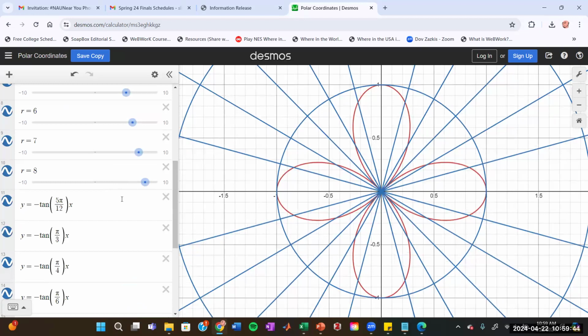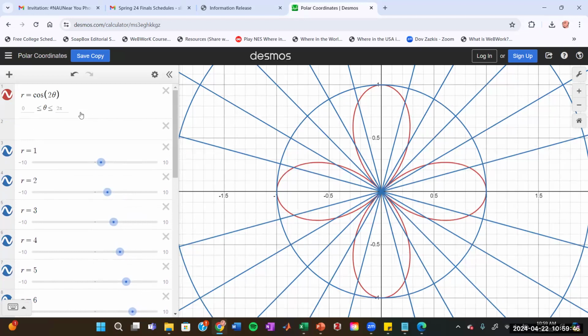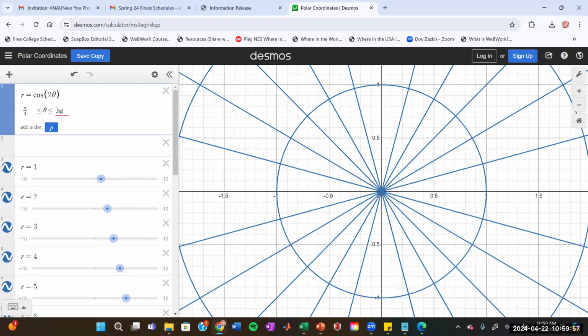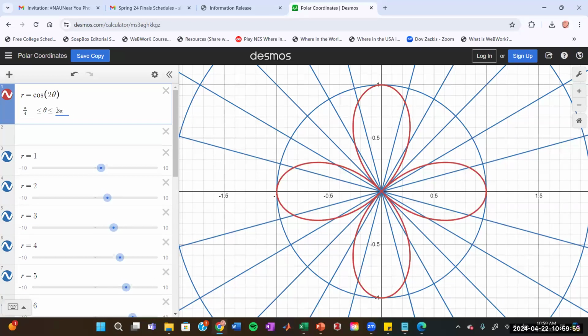So do I know this well enough to figure out what our bounds were? Okay, I feel good about that.